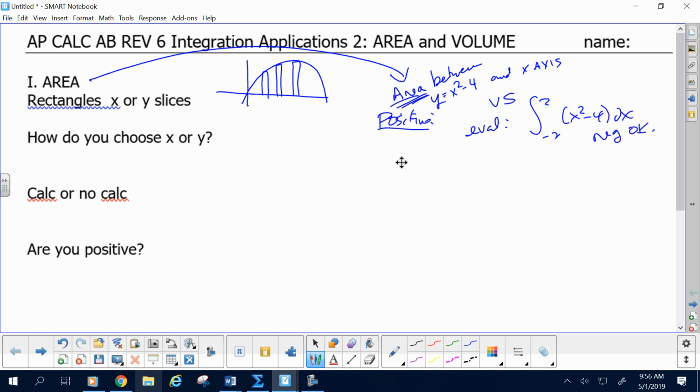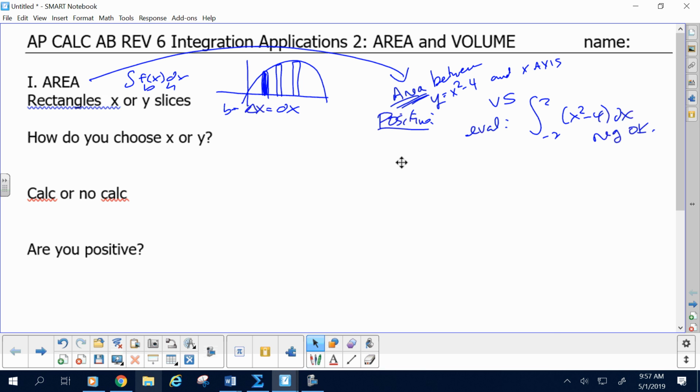Remember that rectangles are where the fundamental theorem comes from. The whole idea is these are bases times heights. If you see slices go this way, then that means this is a small delta x for the base, and therefore you're going to integrate with respect to x.